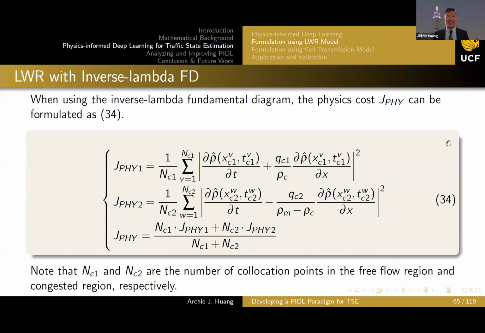So here, the JPHY takes two forms. One is before the capacity drop, and the other is after the capacity drop. And NC1, NC2 are the number of collocation points in the free flow region and the congestion region, respectively.